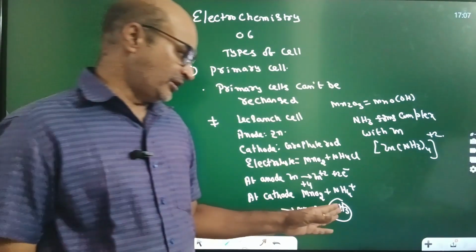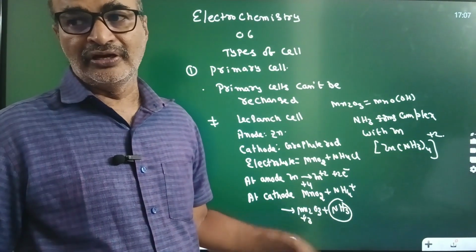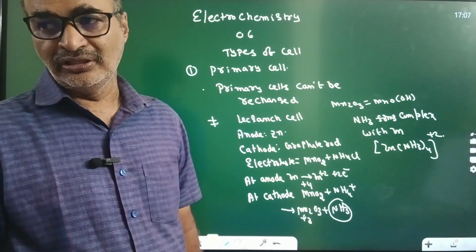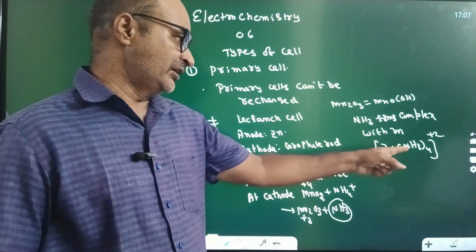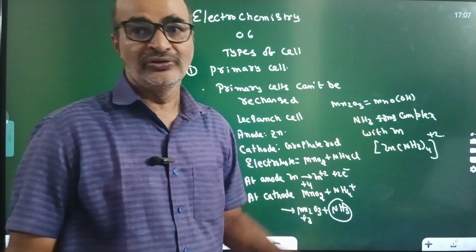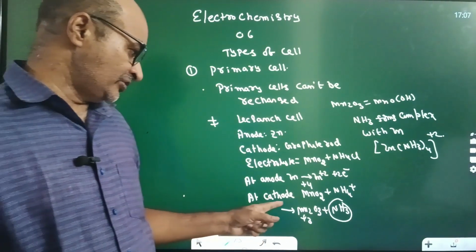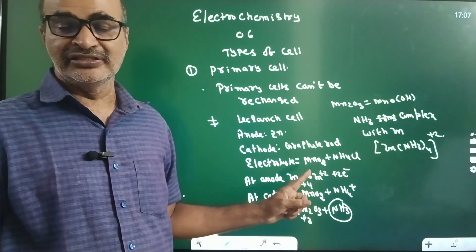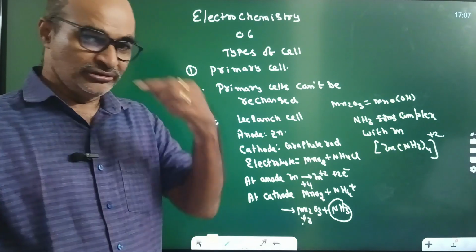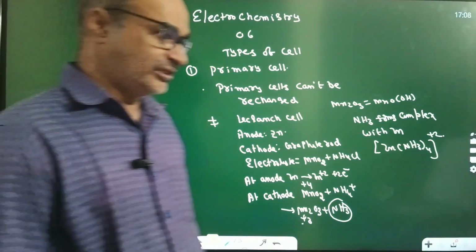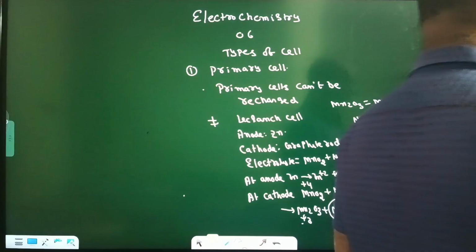Ammonia gas is liberated and forms a complex with Zn2+, Zn(NH3)4 2+. In JEE Main, what is the change in oxidation state of manganese in this reaction? Here +4 oxidation state is changed to +3 oxidation state. Please write down.